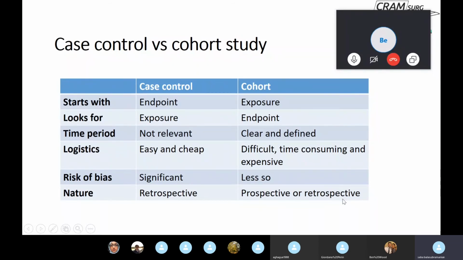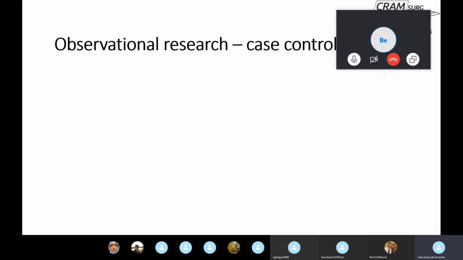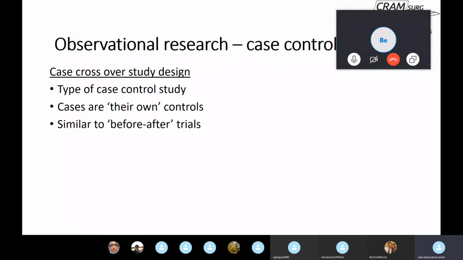Okay, so I hope that hasn't been too confusing, but we'll reiterate this with some examples, and I've got some questions as well at the end, just in case you're wondering. Right, so there are some variants to case control studies, and I've listed three important variants of a typical case control study.